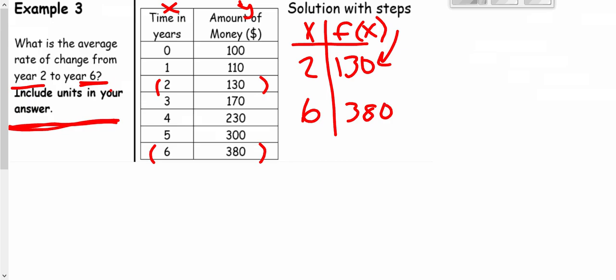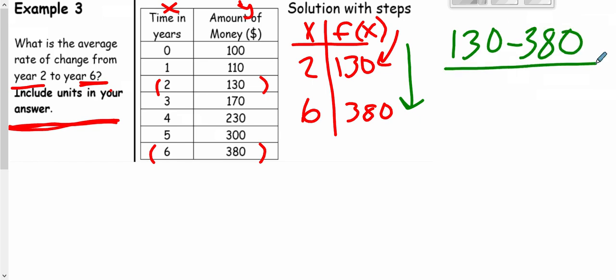So then again, our next step is to do what? To subtract my output values. So I'm going to say 130 minus 380. And I'm going to put that over what? 2 minus 6. That's my x values, right?